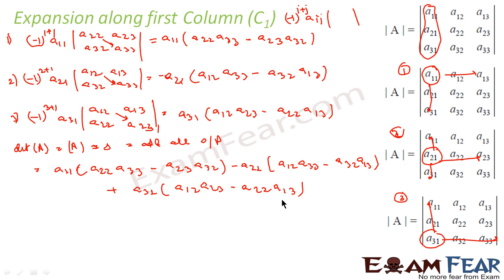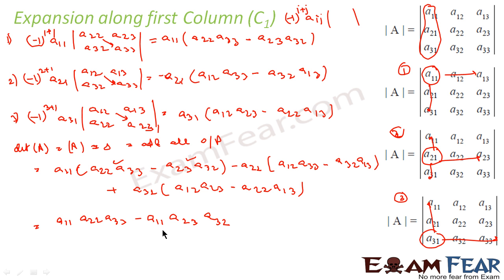Now let's rearrange. Let's first find a11. So this is a11 a22 a33 minus a11 a23 a32. The a11 part is done. Second is a12.